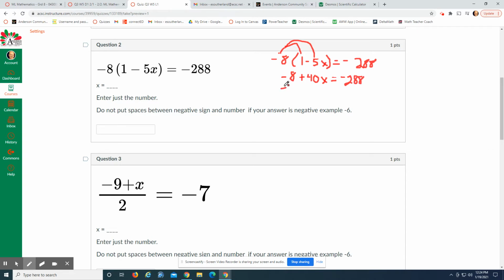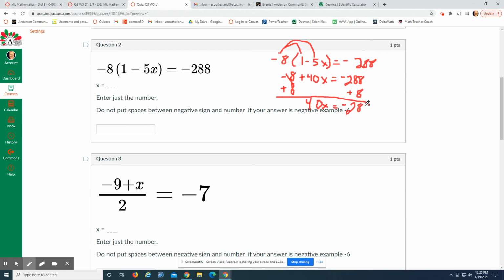We're going to add 8 to both sides. Those 8s cancel. 40x drops down. Again, if you want, you can use Desmos, but -288 plus 8 is -280.